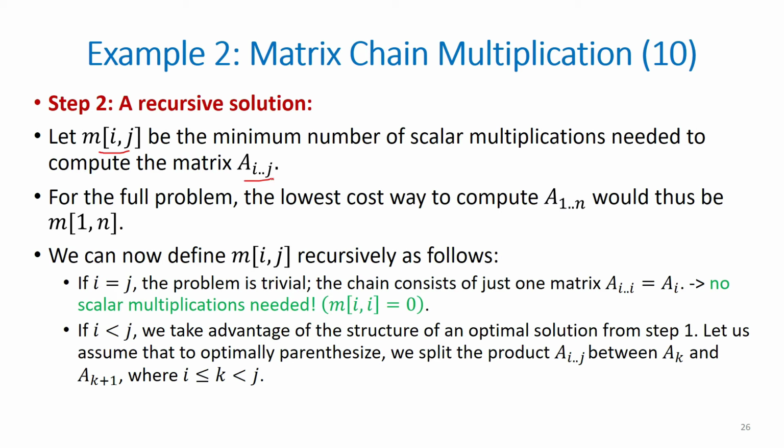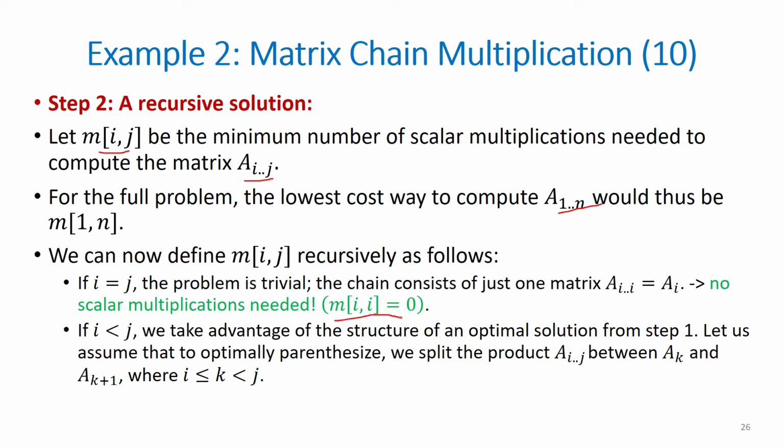So for the full problem, where we have n matrices, the lowest cost to compute A1..n would be given by M[1,n]. With this definition, we can now use recursion to compute the cost. So if i is equal to j, that is the chain consists of only one matrix, then no scalar multiplications are needed. Therefore, M[i,i] would be equal to 0.